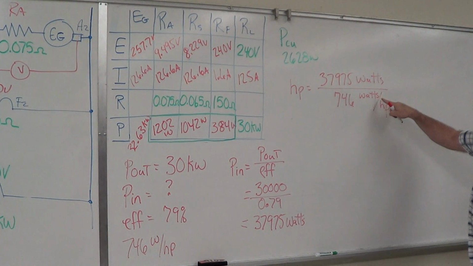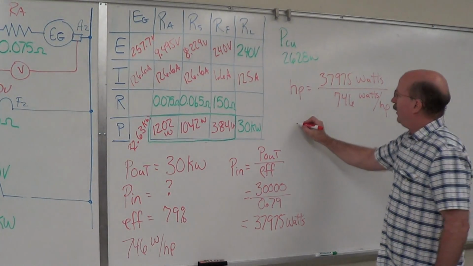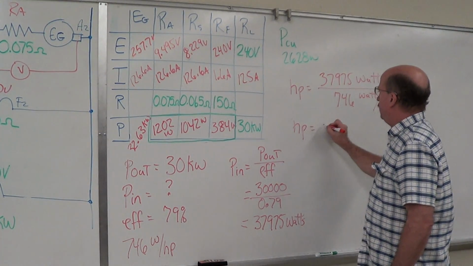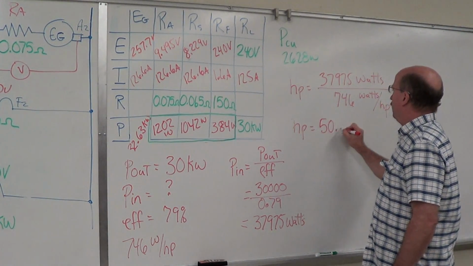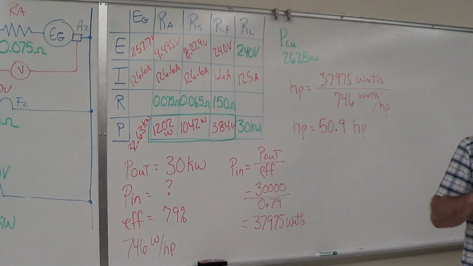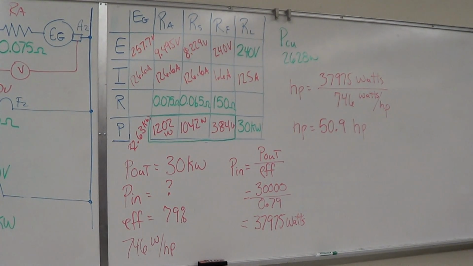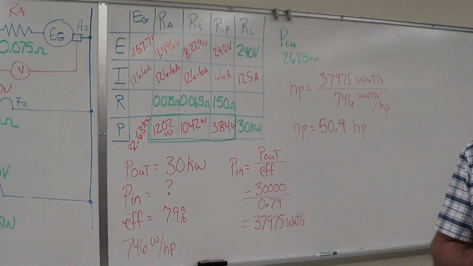The watts cancel, leaving horsepower, right? Horsepower is 50.9 horsepower. That's the entire problem. So you could calculate the horsepower before we even do the rest of the problem.